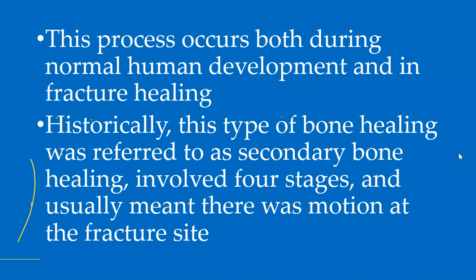It involved 4 stages and usually meant there was motion at the fracture site. That is, inflammation, soft callus, hard callus, remodeling. All these tell you that these stages occur in secondary bone formation, and it tells you that there is motion at the fracture site.